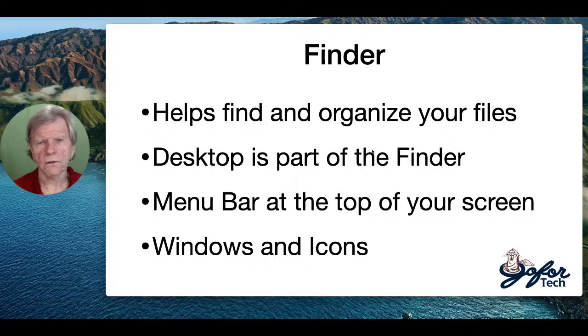So the desktop is part of the Finder. Then up there in the top of the screen is the menu bar, again another component of the Finder. And of course the Finder is what controls the movement of windows and icons. So that's kind of a brief definition of the Finder.